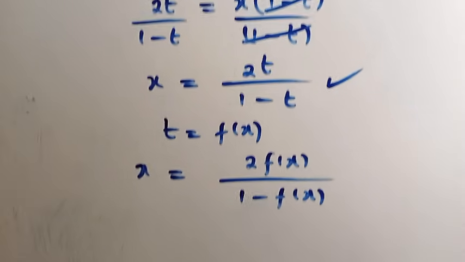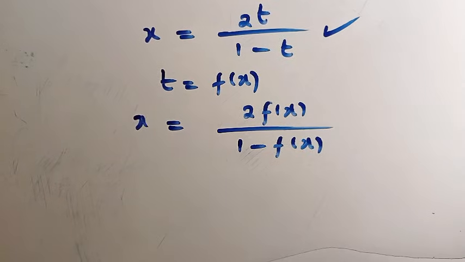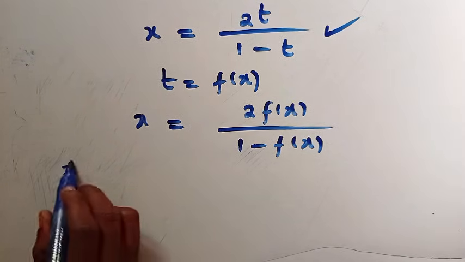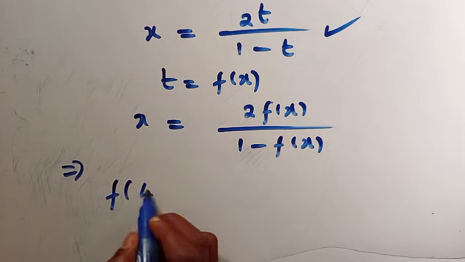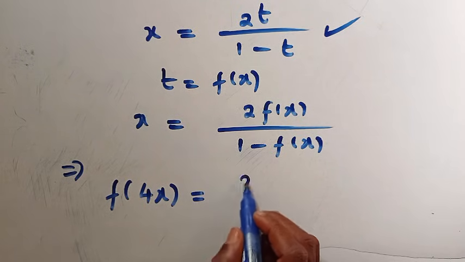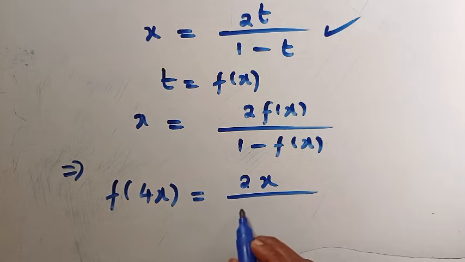Then, if we come back to where we made f of 4x the subject, recalling we have f of 4x equals 2x divided by 2x plus 1.